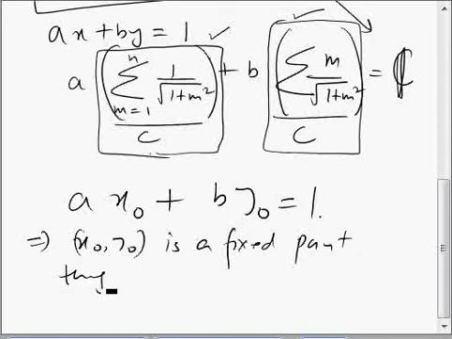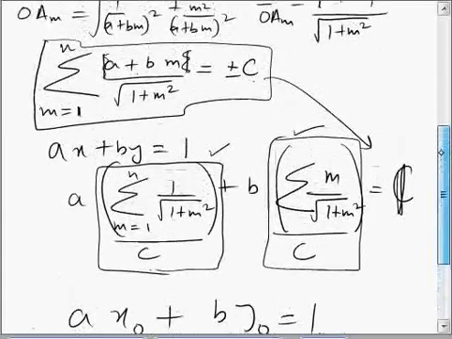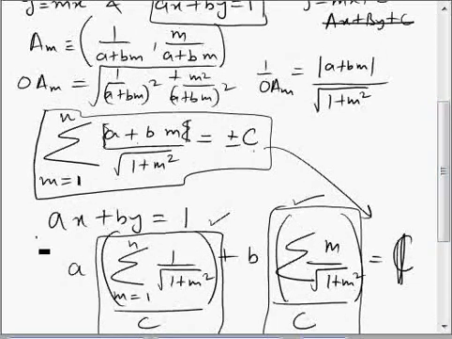Another approach could have been, from here we would have got the value of a, right? We solve this to get the value of a and replace it in the equation of the line, in terms of b.